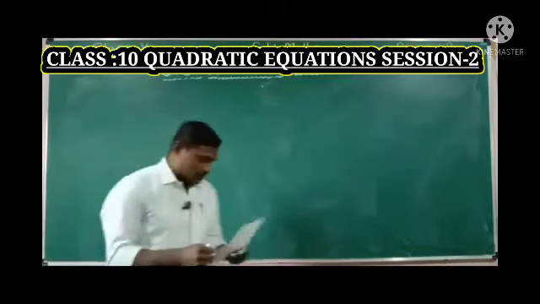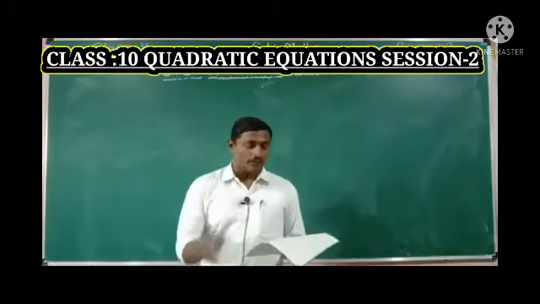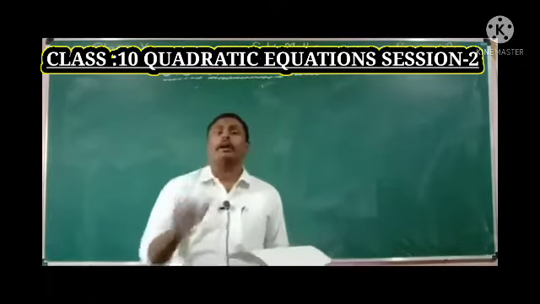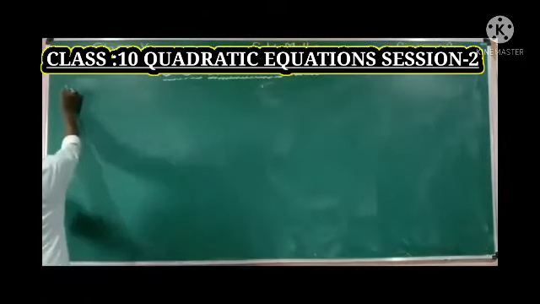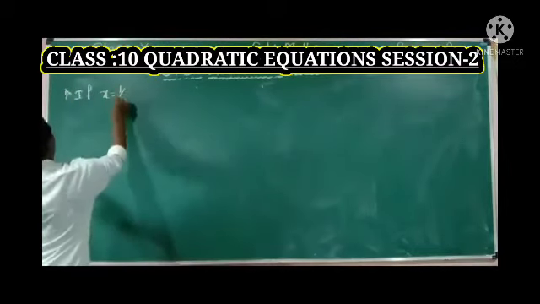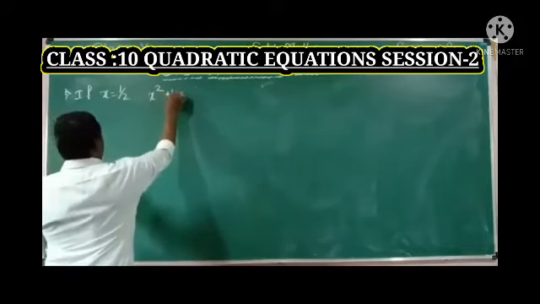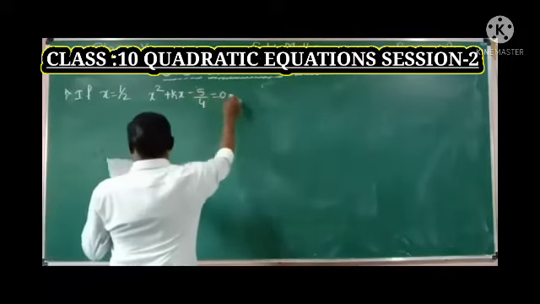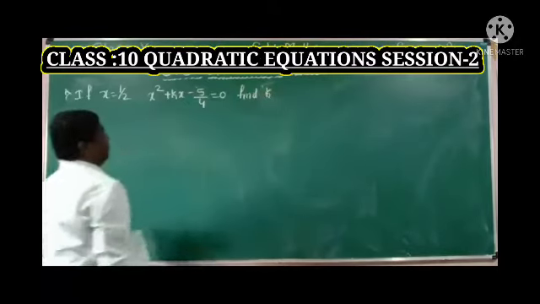Okay. Now see the next type of questions. Here they give the x value, and by using that x value you need to find the unknown values. For example, if x is equal to 1 by 2, x square plus kx minus 5 by 4 is equal to 0, then find the k value.